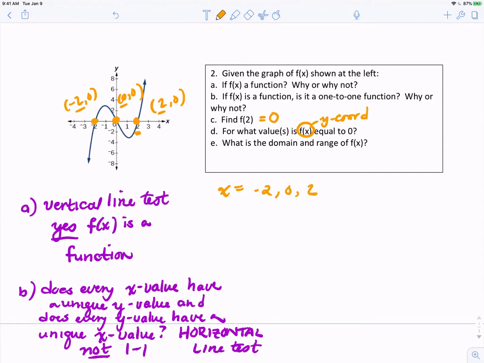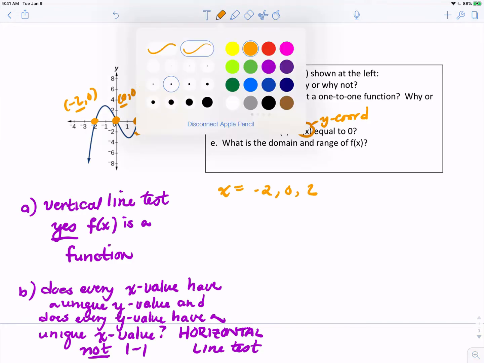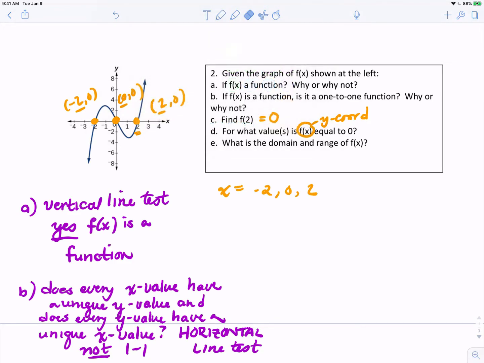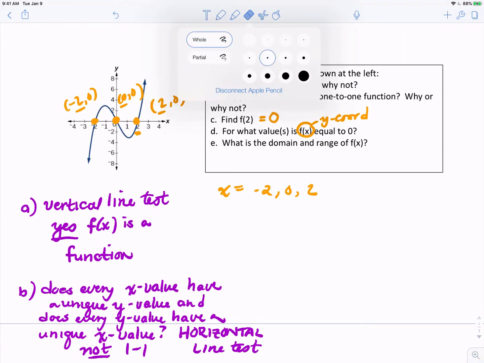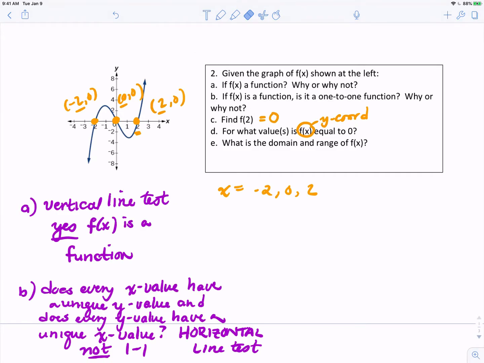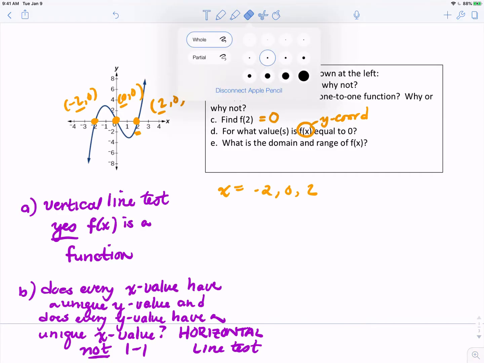Finally, what is the domain and range of f of x? So first, let's take a look at the domain. So for the domain, let's get some more room here.